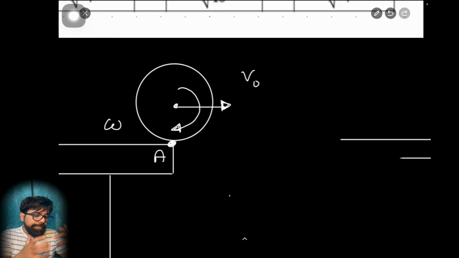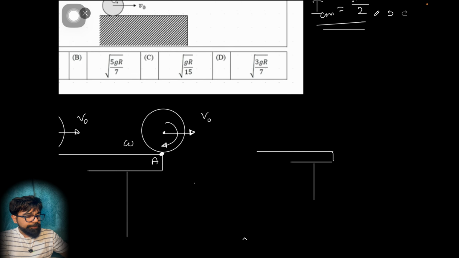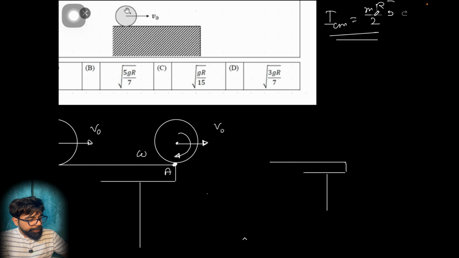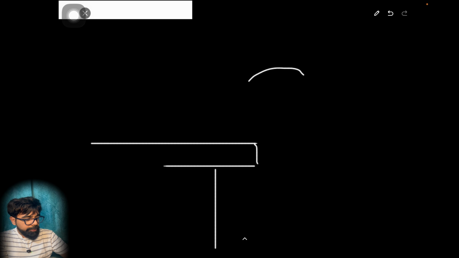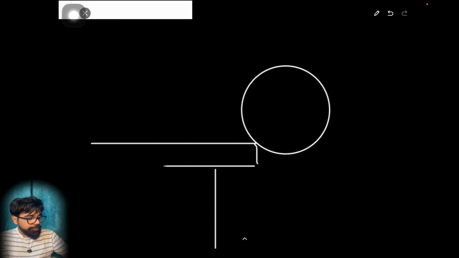Wherever it topples at the edge, the normal reaction will become 0, because normal reaction equal to 0 is the condition of losing contact with the surface. So if I draw the free body diagram now, A, the bottommost point, is at rest, and say the center of mass has come somewhere here. I'll zoom into this. Let me draw it like this.